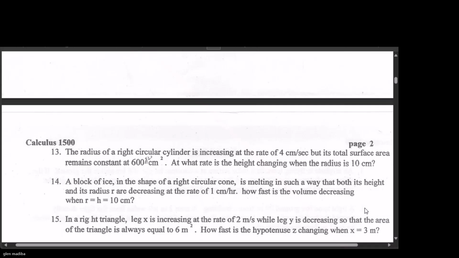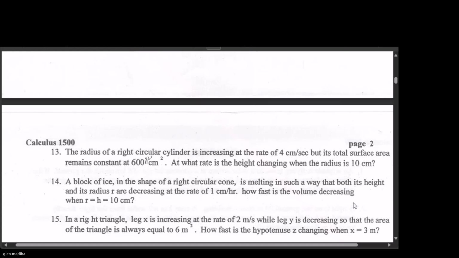Yes, so when they refer to the legs as x and y, I'm assuming the leg x is the base of the triangle, and y is the height. At the base, I made x equal to 3, and dx over dt equal to positive 2. My y, I made equal to 4.